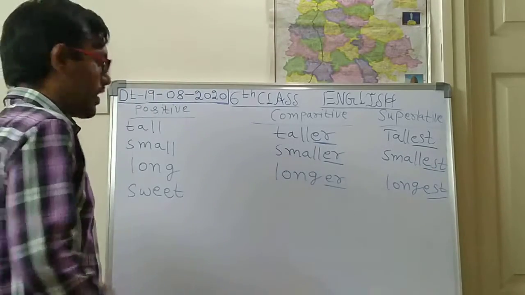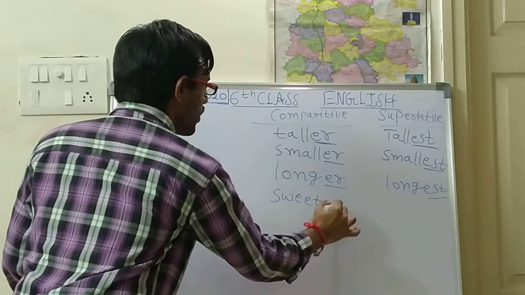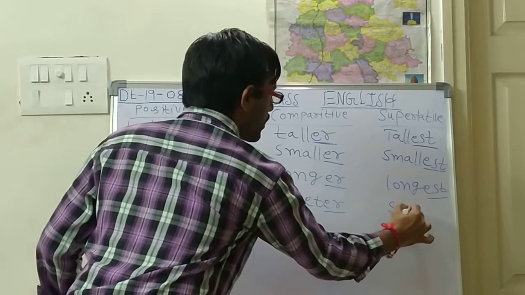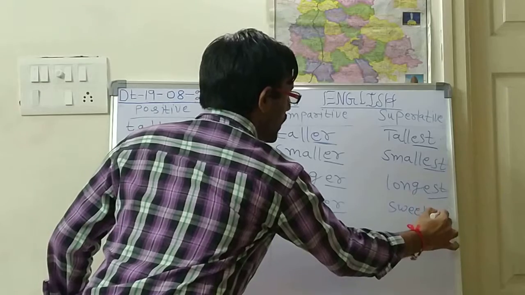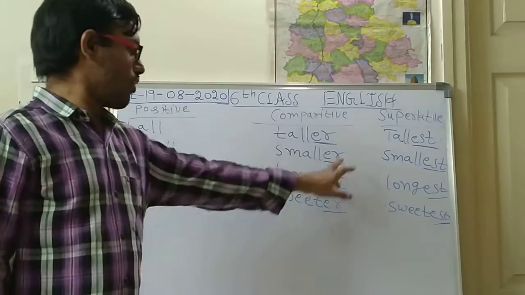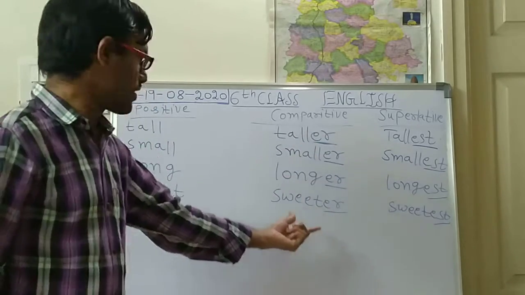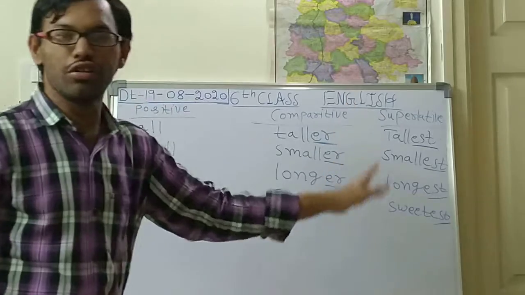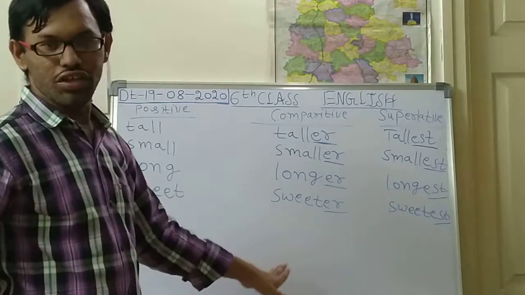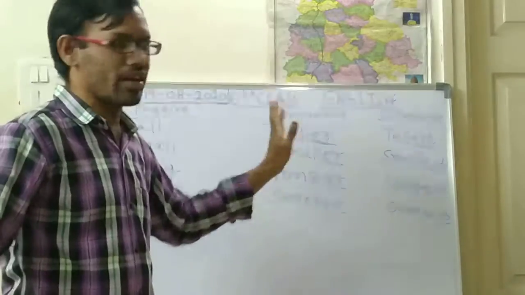Next, sweet, sweeter, sweetest. Like this, the clue letters will be er for the comparative and est for the superlative. If you want, you can recheck your answers. These are the correct ones.